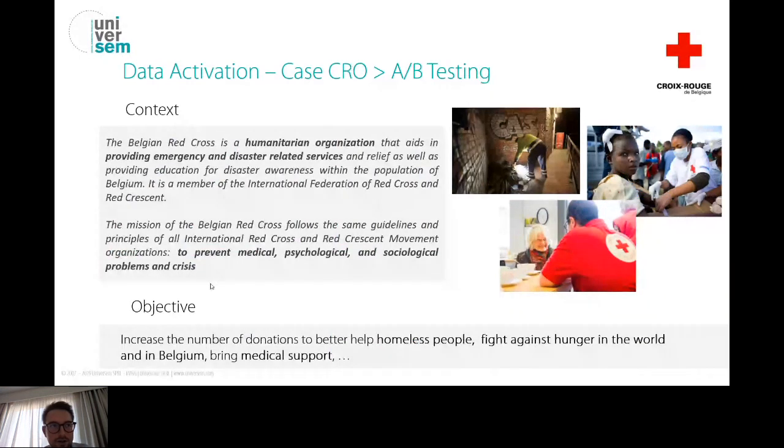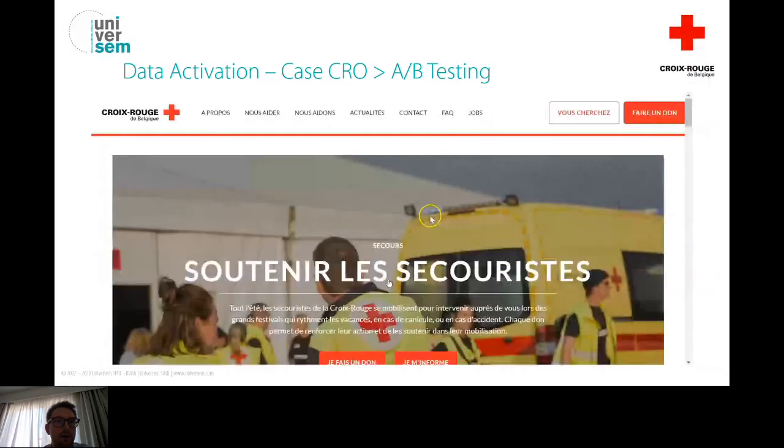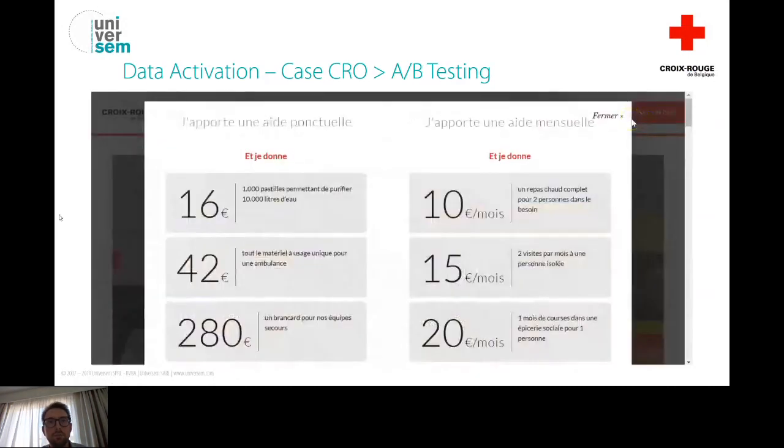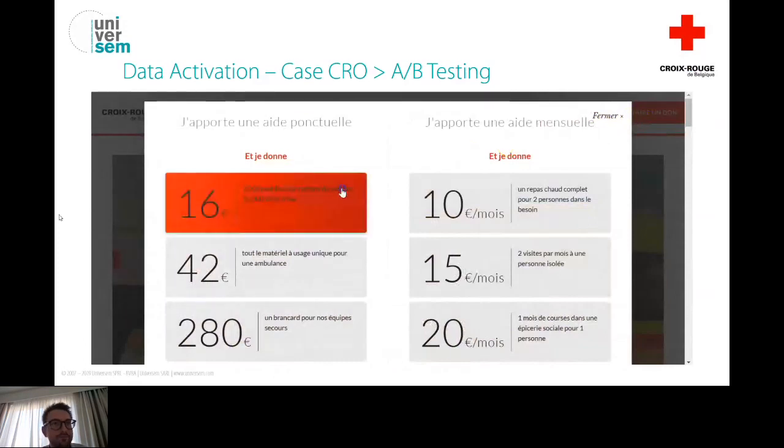It's a very good NGO as well, with the objective of helping homeless people and getting more donations for that, obviously, because they have a lot of people in every city to help others, and even abroad, actually. And the website looked like that last year. It has been improved a bit since. But try to see if you notice some issue with the website that could prevent people from donating money to the Red Cross.